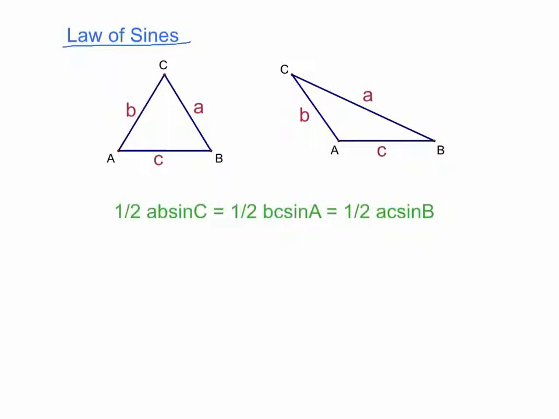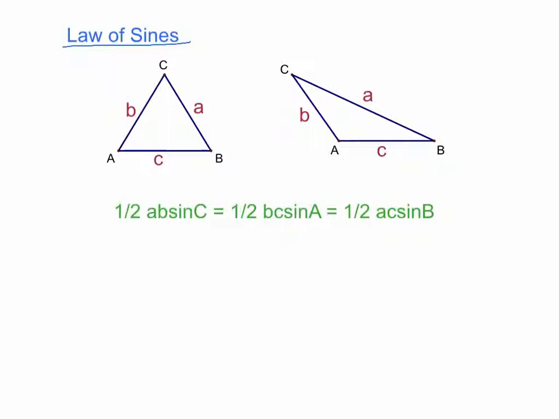Now in my video and class on Monday, we worked with the new area formula for a triangle that involved trigonometry. And so you see here the three different ways we could write out that area formula.